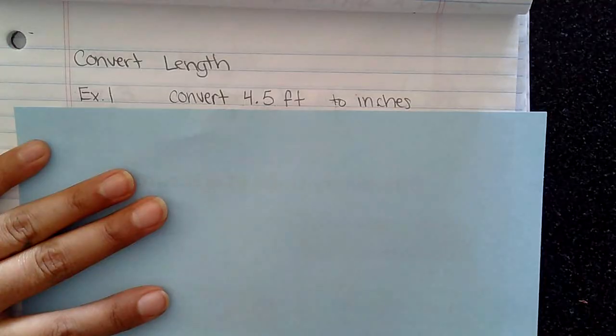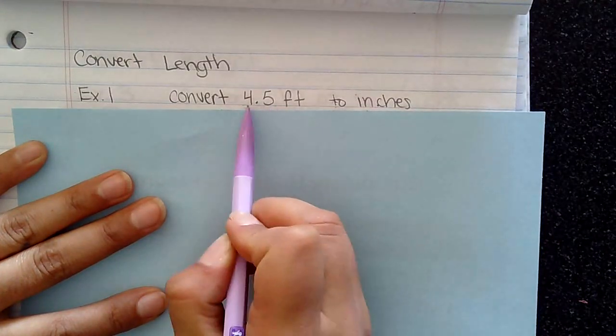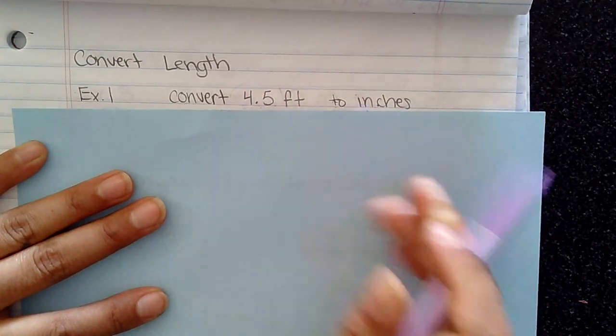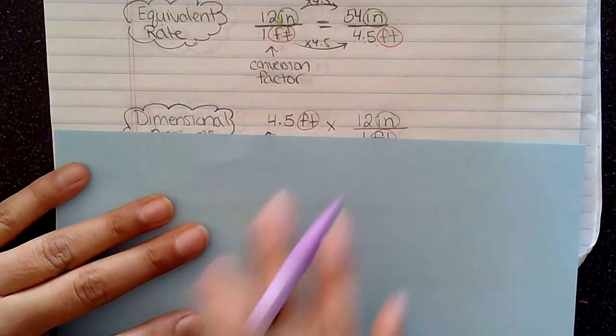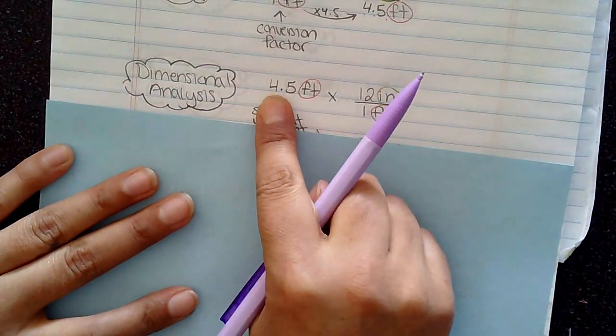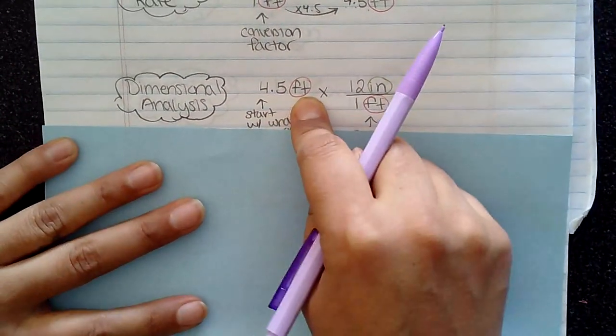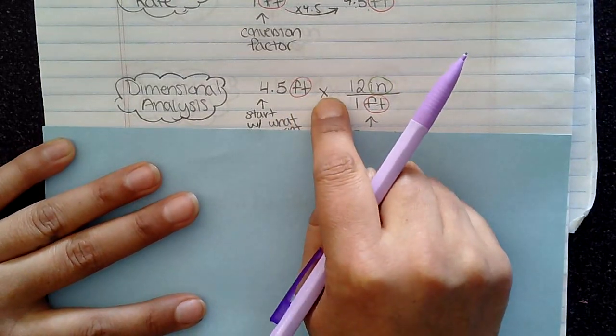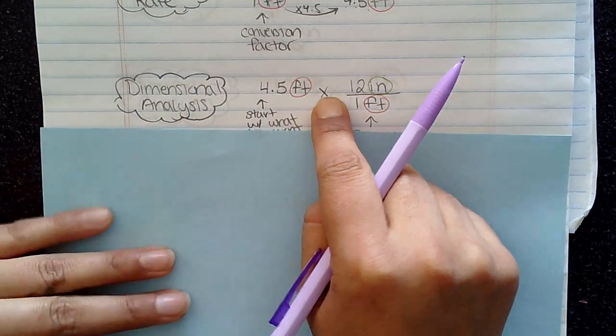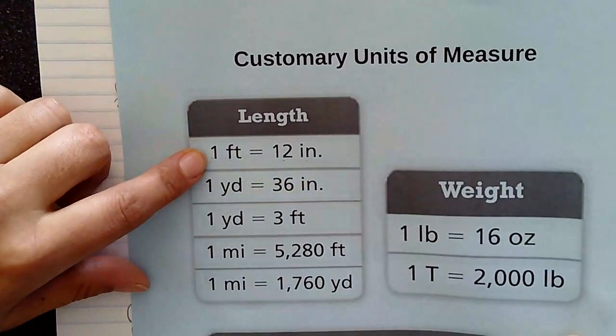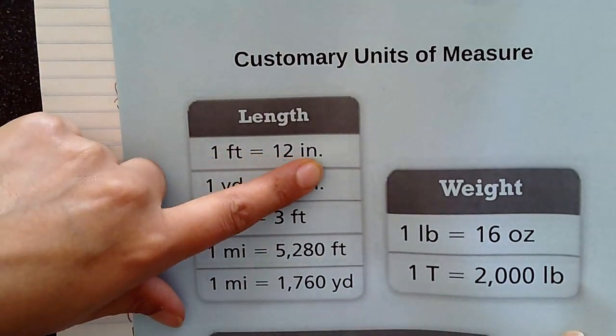If we go back to the question, we want to know how many inches is 4.5 feet. So we have to convert 4.5 feet. So I'm starting with that. 4.5 feet. And all I'm going to do is multiply it by the conversion factor. And the conversion factor is 1 foot is 12 inches.